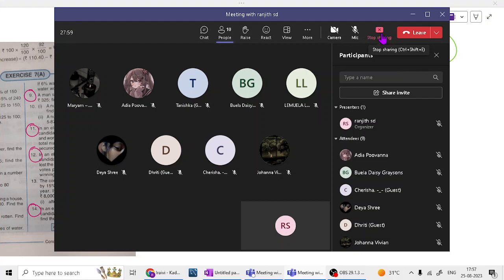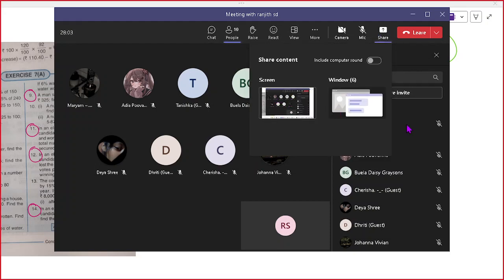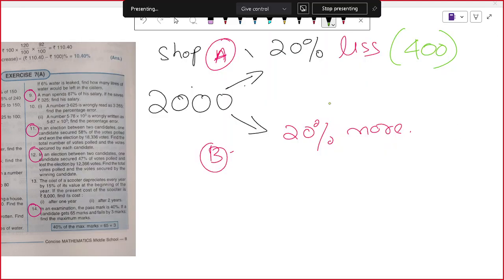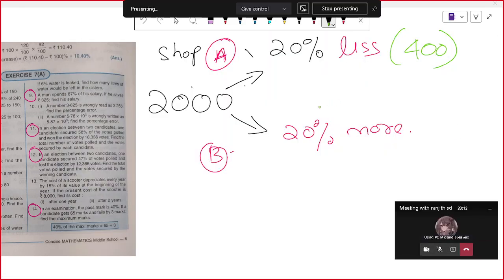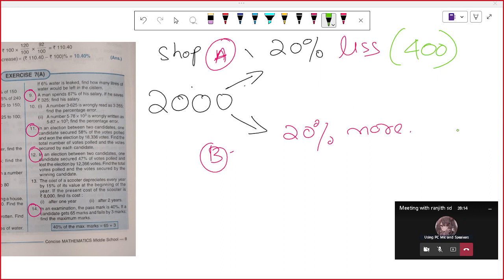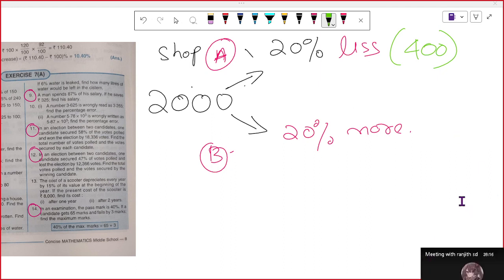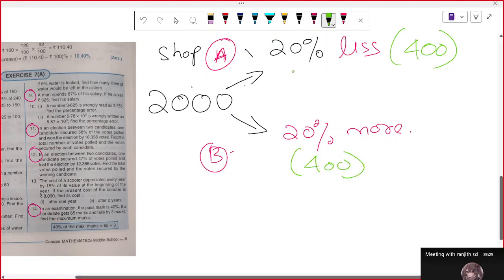And for shop B, how much will you pay? So can you see the screen, Joanna? Yes, sir. Okay, 20% less is 400. What about 20% here? Even 20% is 400 for both. So 400 plus, sir, 2,400 rupees.